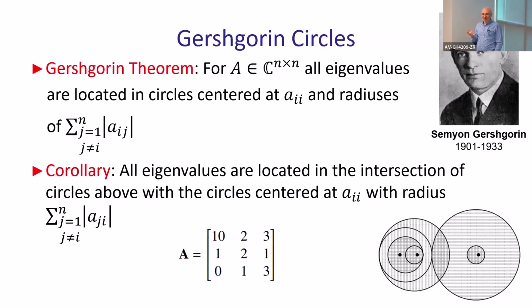What is the best transform that you can use? This is not very useful, because you cannot guess it. What would be the best case here? Where the radius is practically 0, right? Then you would have the exact location of the eigenvalue. So what would that transform be? The diagonalization transform.